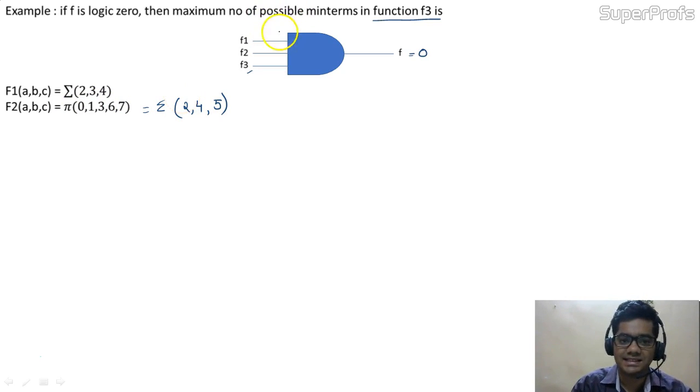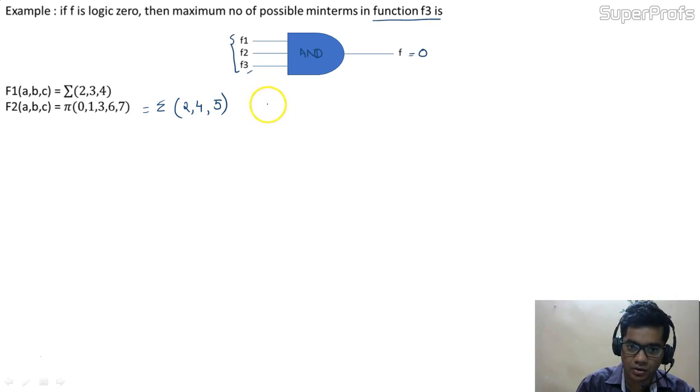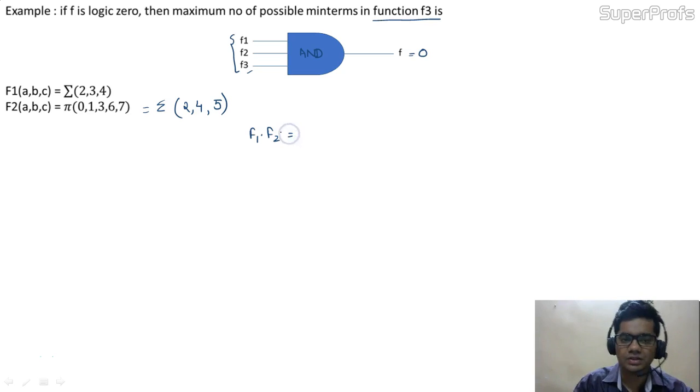As we can see, these functions f1, f2 and f3 are going through the AND operation. Therefore we have to take only the common terms or common minterms that are present in all of f1, f2 and f3. So first we are going to see what the common minterms in f1 dot f2 should be.